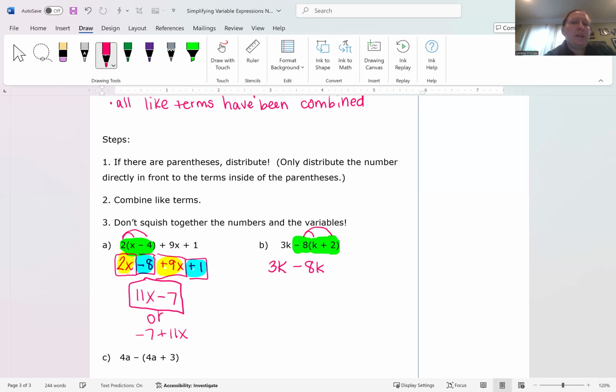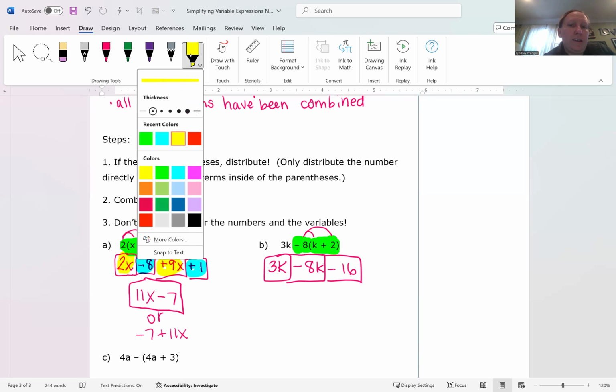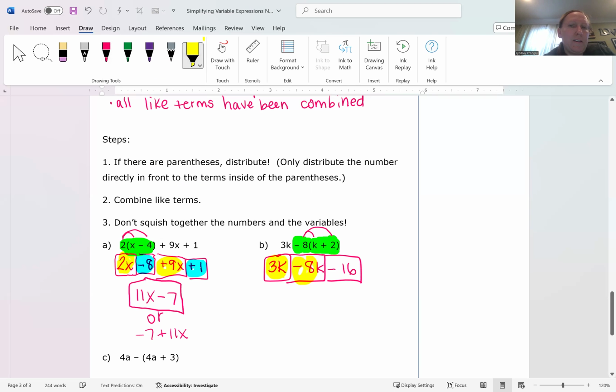And negative 8 times a positive 2 is a negative 16, so we write minus 16. Then I box it up, so 3k. Okay, always take the first term and then the sign and what comes after it. Here we only have one set of like terms, my k's. So 3k minus 8k is negative 5k. And then we just bring down our minus 16. That doesn't have anything to go with it.